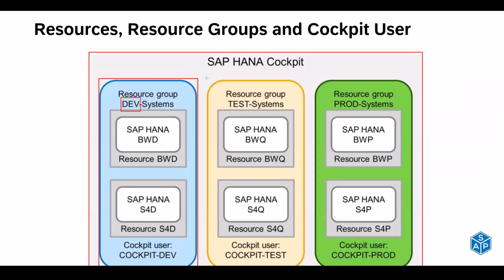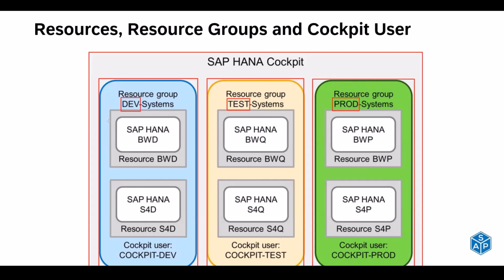Again, you can create another resource group, the second, which is for your test system. And this is the third resource group, which is for your production system. So you can make one resource group for your development system, one for your quality or test systems, and the third for your production system.